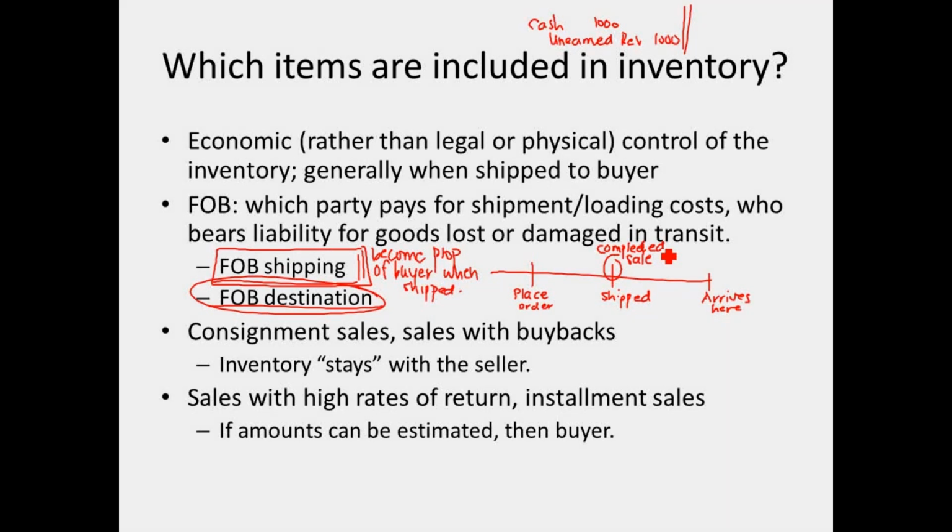So if something were to happen at that point, you as the buyer would have to replace them at your own cost. That's why you would pay for insurance. On the other hand, if it's FOB destination and something happens to them in between shipment, it is the responsibility of the seller to get you a new shipment of them.